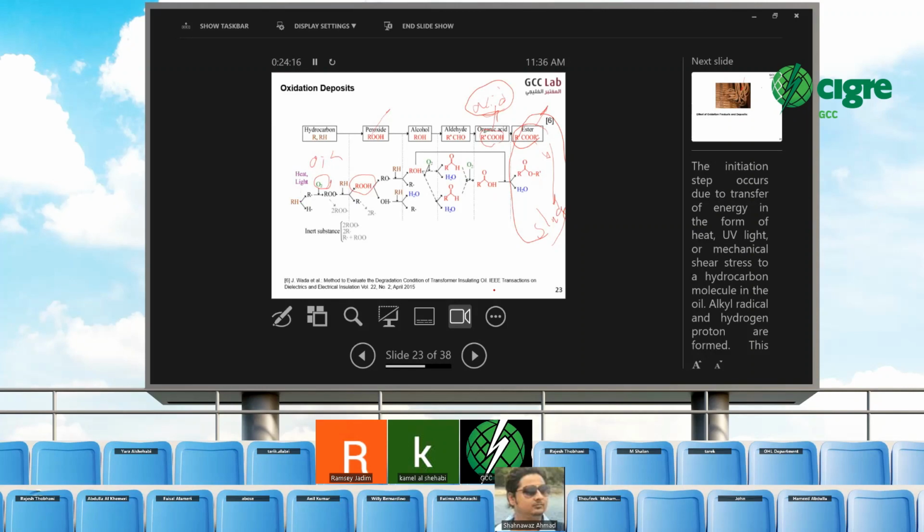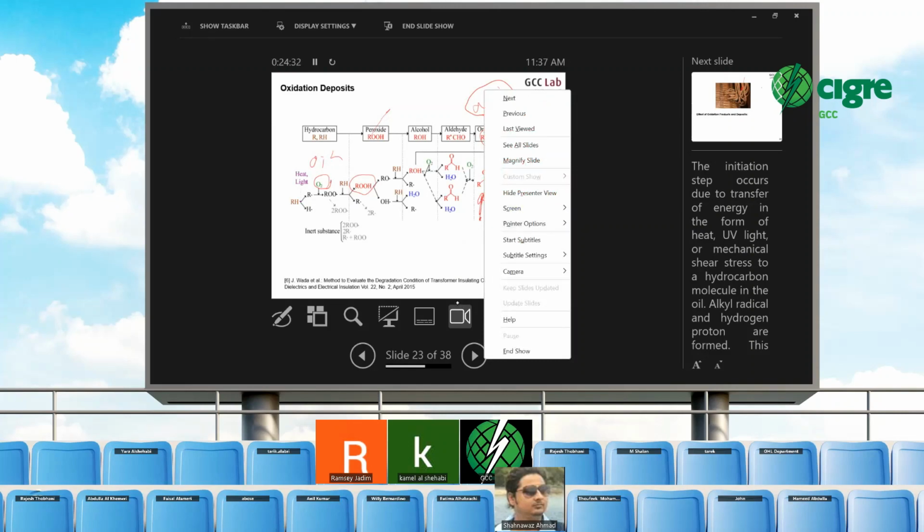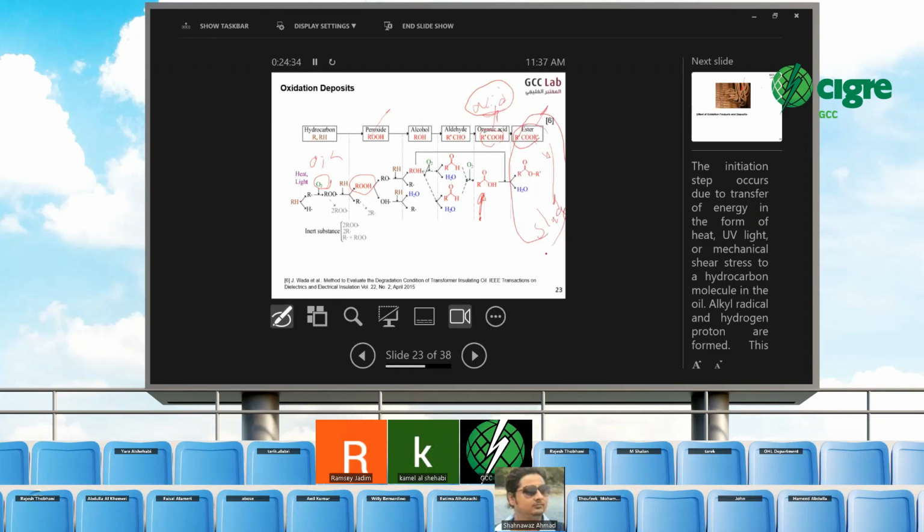Yes, but the problem is that you should not wait until you have sludge. Usually we recommend testing for ester if we see high acid. But we also have another problem, because some of the acid converts to ester.